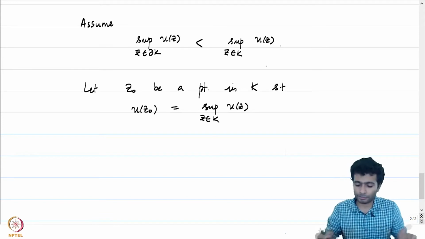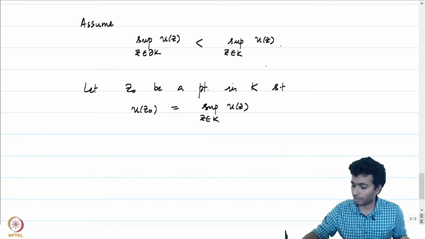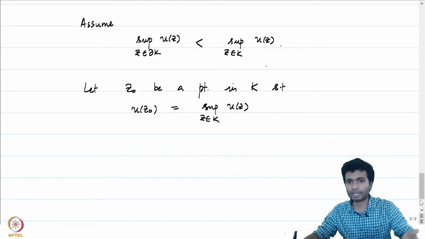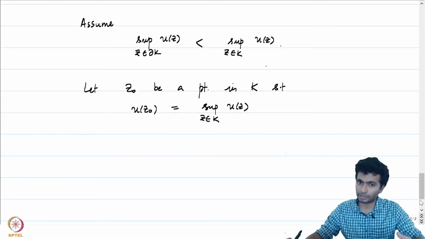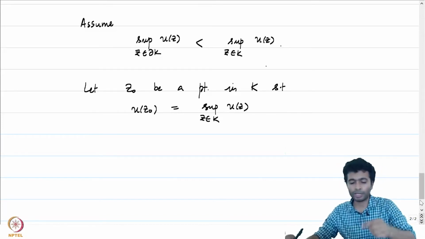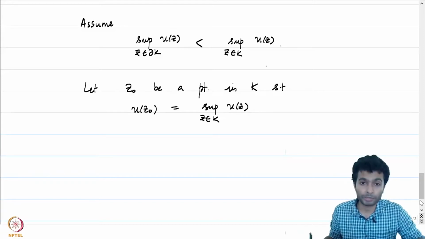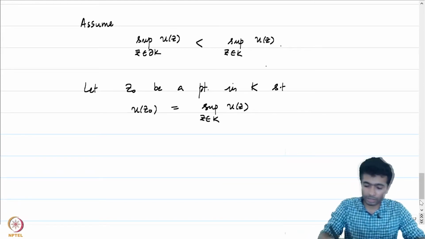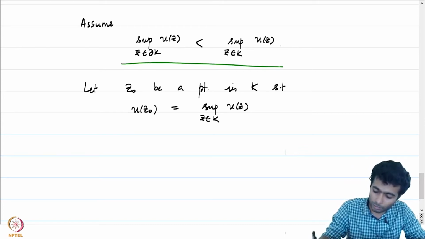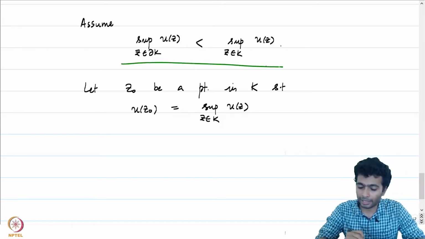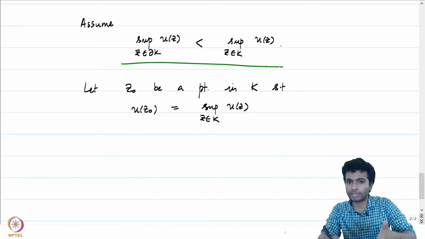This is from a standard result in analysis: on a compact set, a continuous function attains its maximum. So the point z0 is being taken to be one of those points where the supremum is being attained. And we just noted above that the supremum over the entire set K is strictly greater. So that is the assumption we are going by.